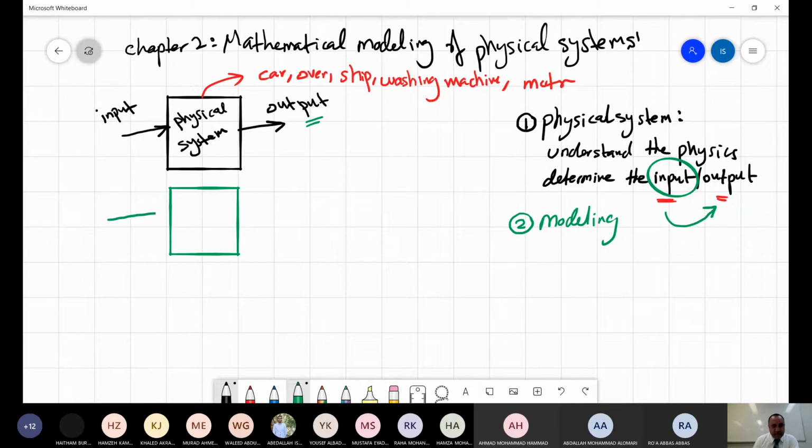And this system has the same input, and I'm hoping that I will achieve the same output. And this will be the mathematical model.